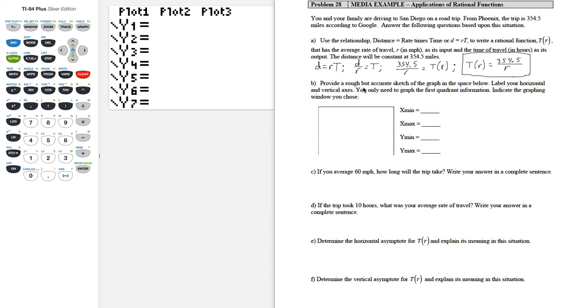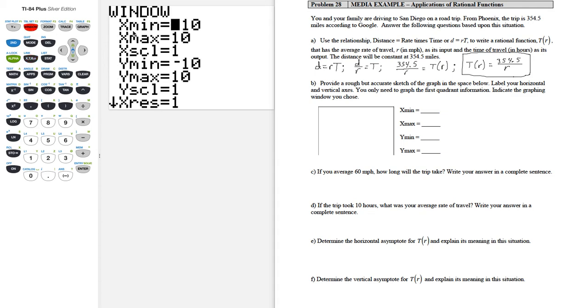Part B, provide a rough but accurate sketch of the graph. Label your horizontal and vertical axes. You only need to graph the first quadrant information. So let's go over to our calculator. For y1, we're going to enter 354.5 divided by, in this case, x. And let's go to window.